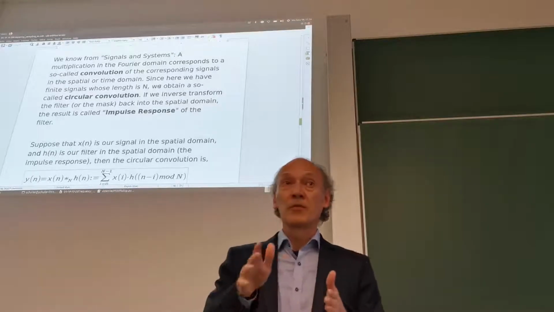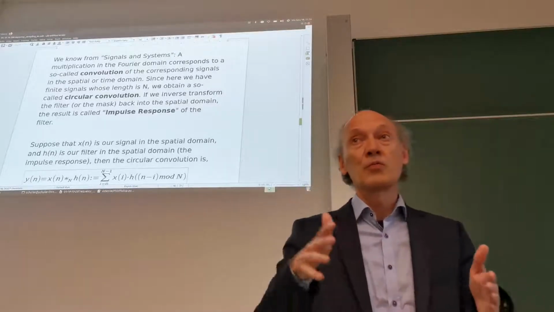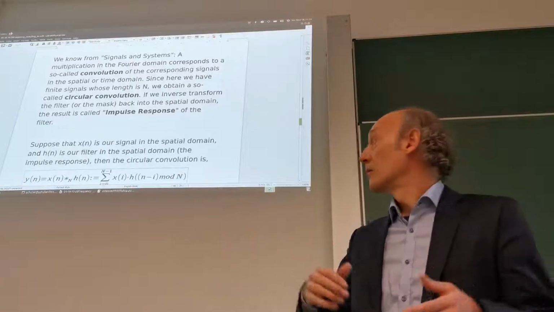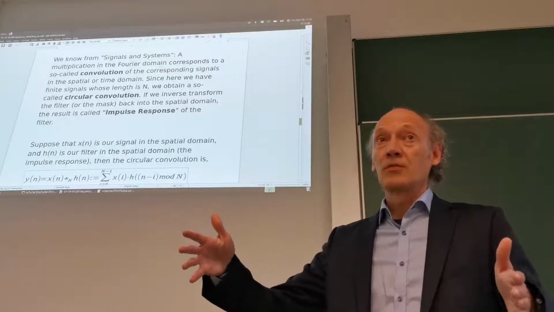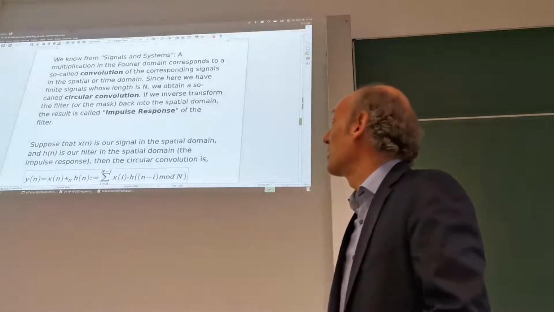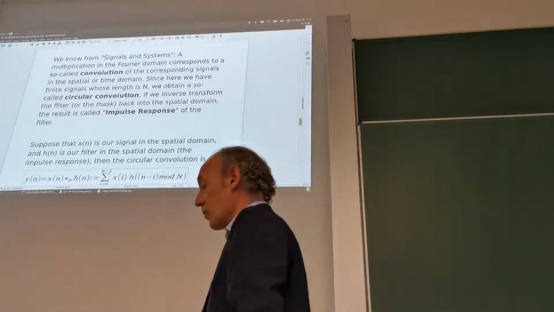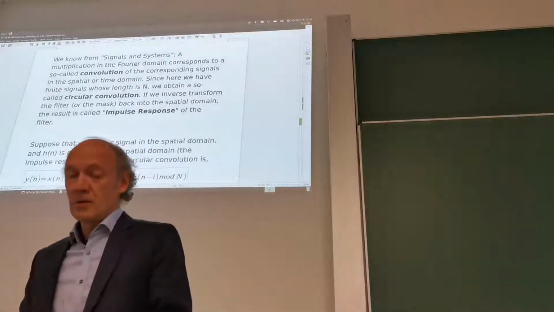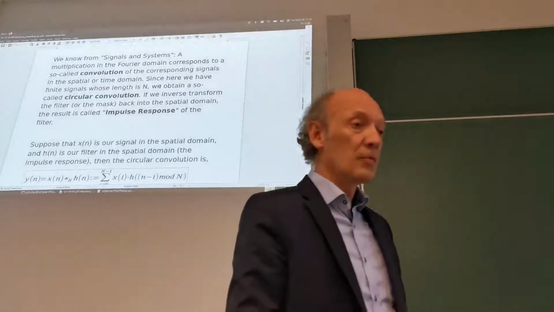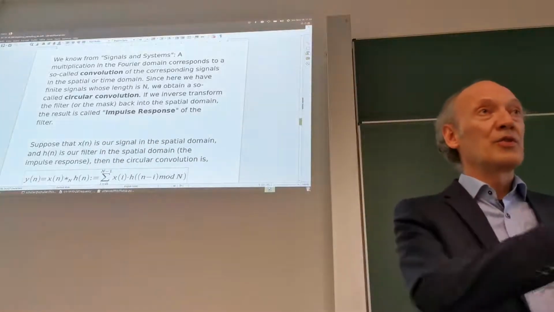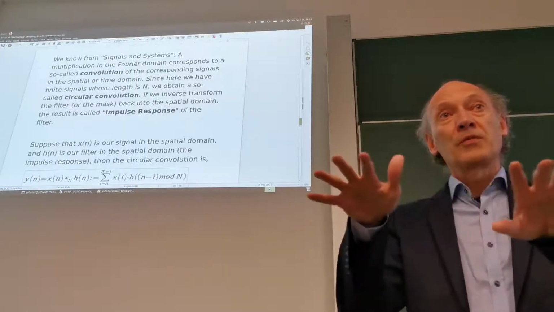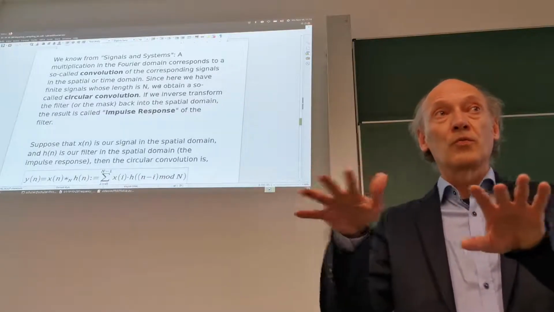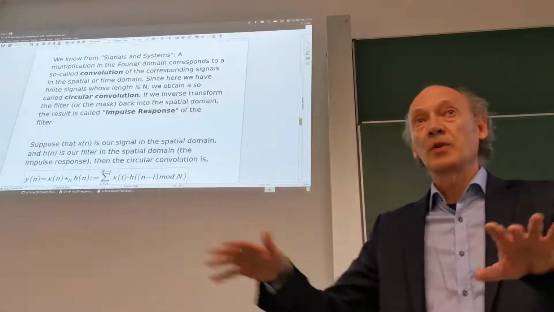Remember, this frequency domain repeats after 2 pi, basically, or at the end of the DFT, it would repeat. And that's basically why, say we do a multiplication in time, we would have a convolution in frequency, and then we would see directly that it's a circular convolution because of the repetition of the spectrum.